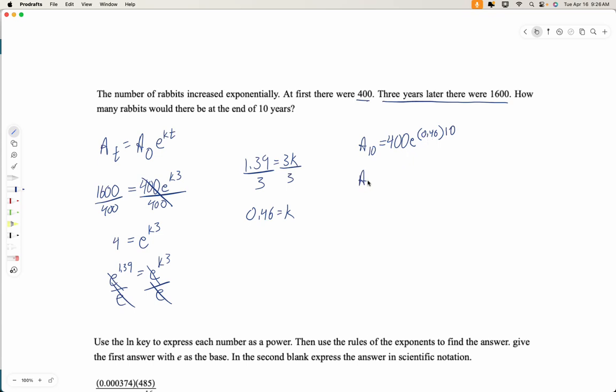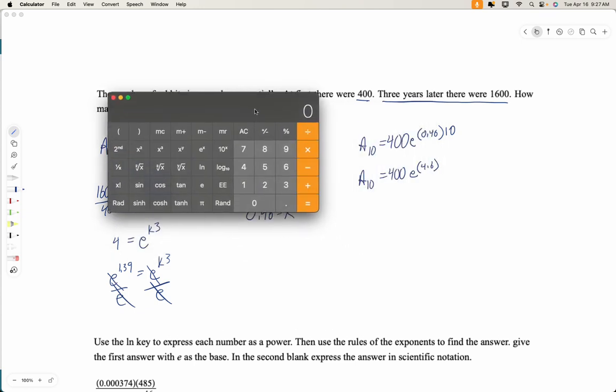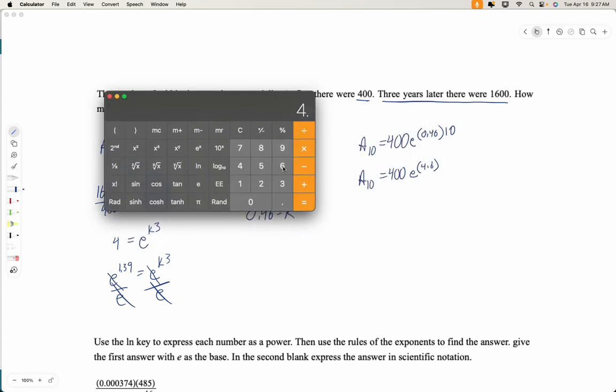So that's A, the amount in 10 years is equal to 400 times e to the 4.6 power. So now we get e to the 4.6 power. And the way we undo that, we take 4.6 and we hit the e^x button. And that gives us 99.48.